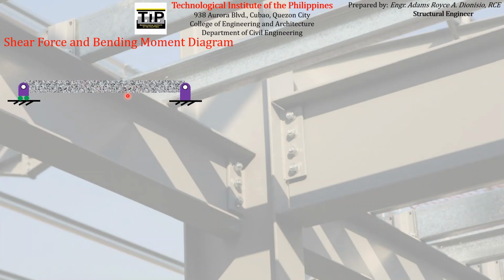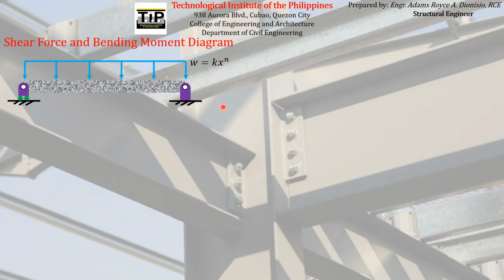We know that simply supported beams have one hinge and one roller support, so a total of three reactions are exerted on the beam. Say the beam is loaded by a certain type of load, W, and let's assume for generality that the load W is a function of x raised to a certain degree.